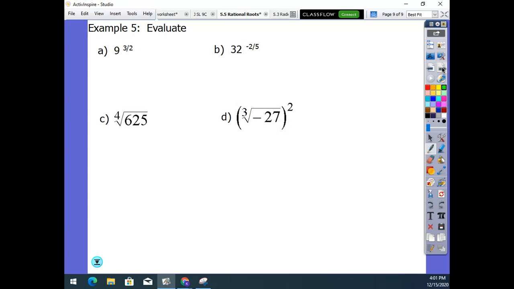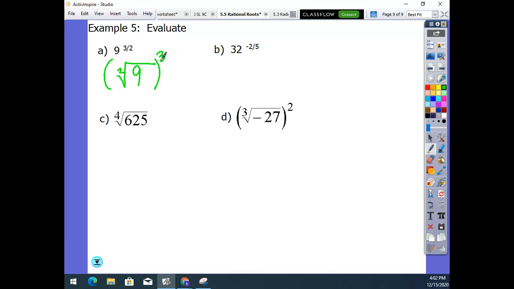So then we use that so we can evaluate. Everything is always leading us towards finding answers, but we first have to make sure you know how to rewrite it so you can evaluate it. So it's always easiest to evaluate in radical notation. So if you see the exponent is a fraction, rewrite as a radical, keep the 9, put the 2 in the corner.